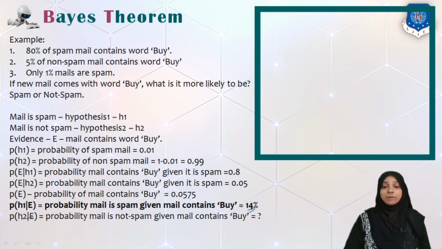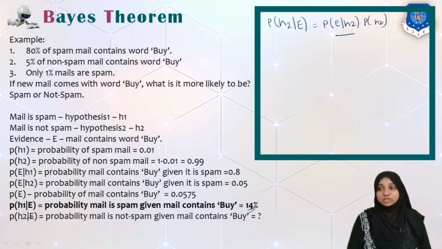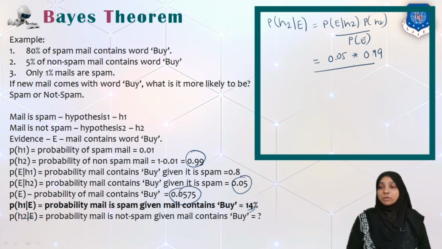Likewise, I have to calculate the posterior probability of H2 given E. Using Bayes rule, H2 given E is the probability of evidence given H2 into the probability of H2, divided by the probability of E. Substituting values from the given data, E given H2 is 0.05, and the probability of H2 that we have derived is 0.99, divided by the probability of E, which is 0.0575.